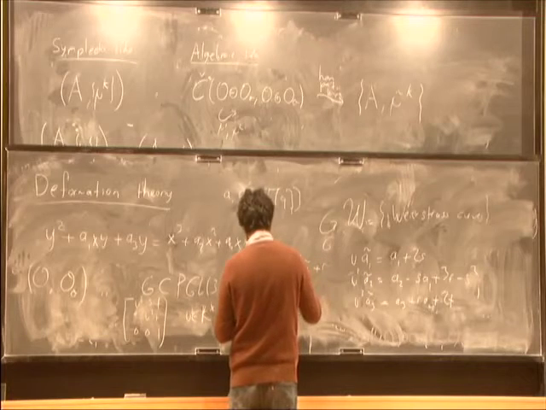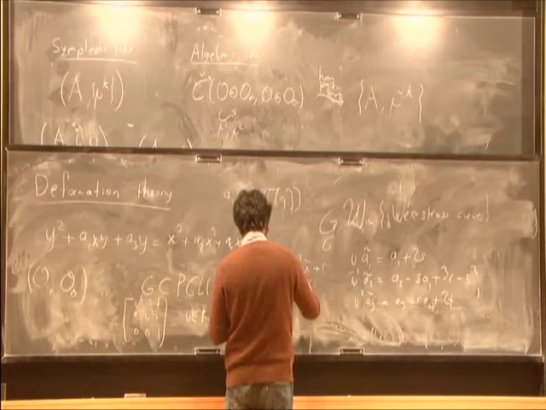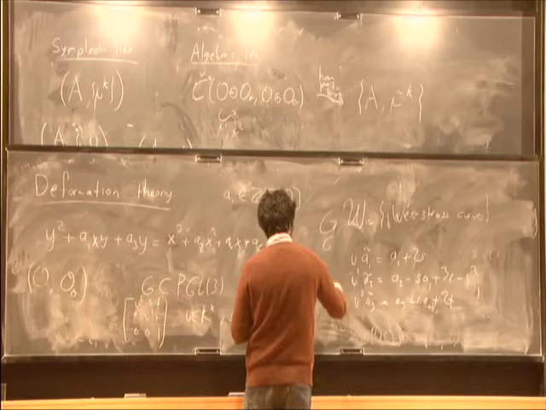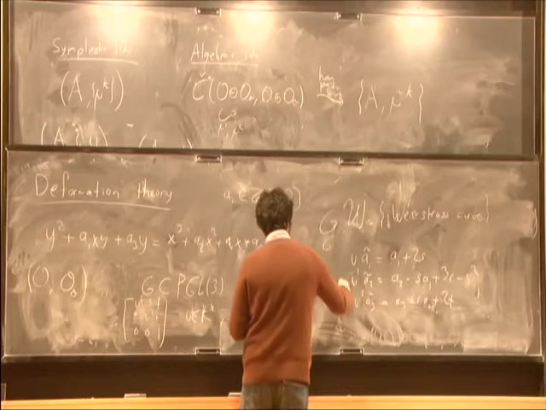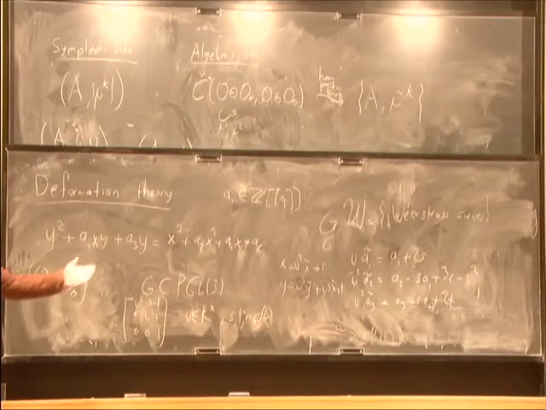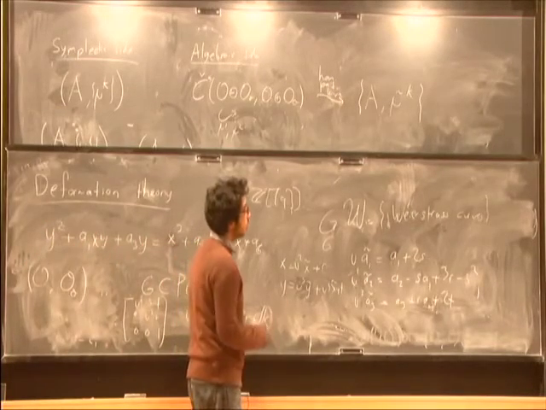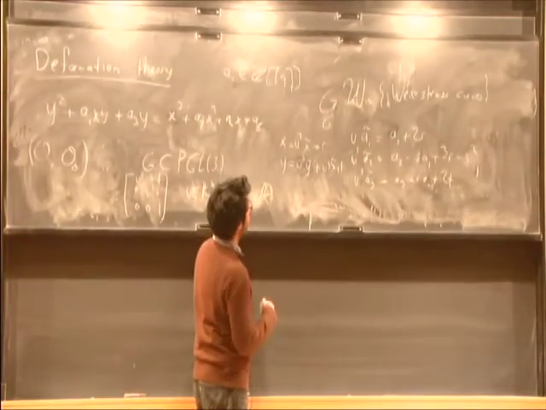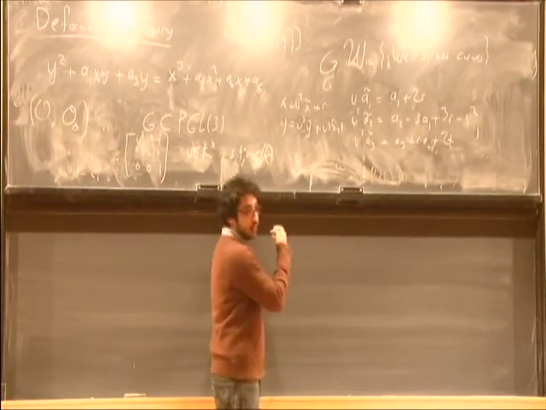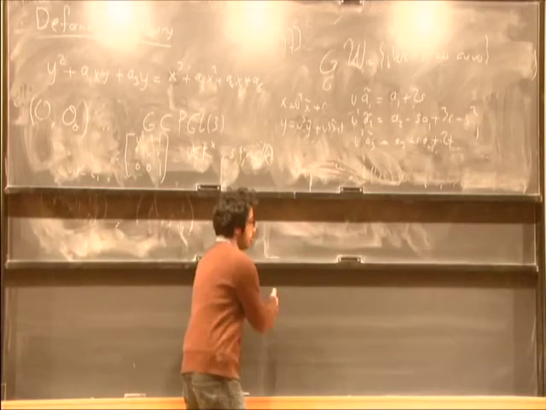And here is how it acts on the coordinates x and y. I mean, the explicit form is important in calculations, but it's not important for the sake of the talk. But what I want to show is that there's an interesting transformation.